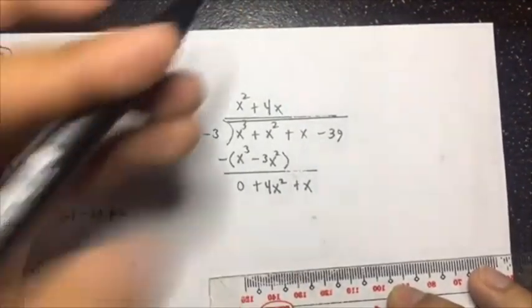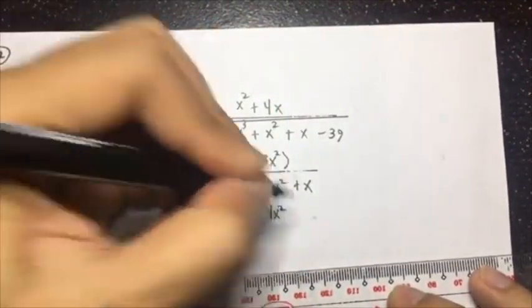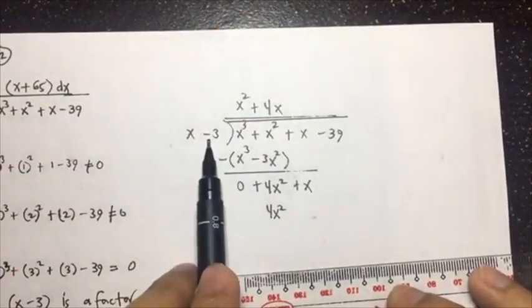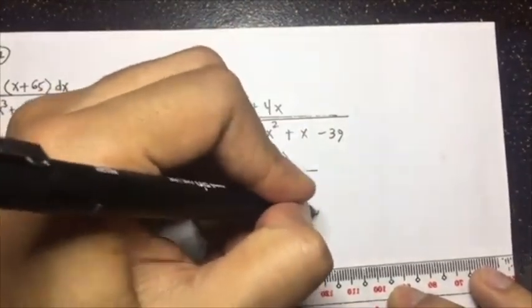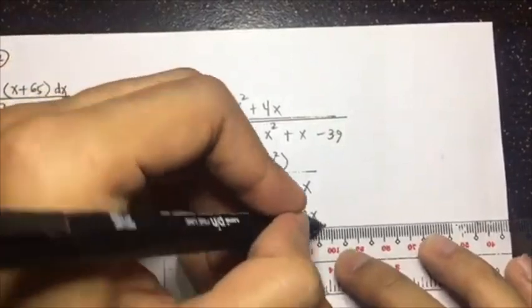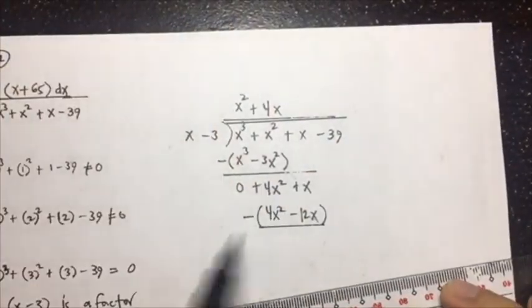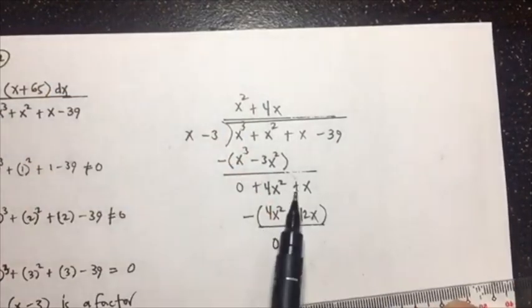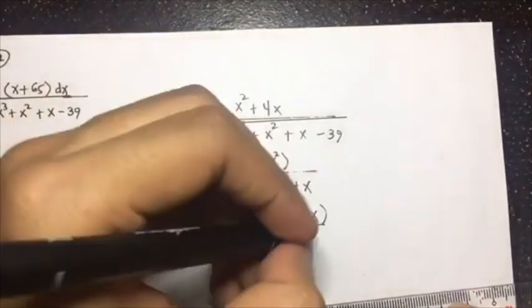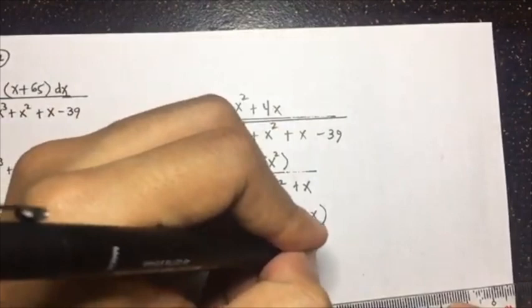Multiply 4x times x, 4x squared. 4x times negative 3 is minus 12x, and then subtract again. 4 minus 4 is 0. 1 minus negative 12 gives plus 13x.